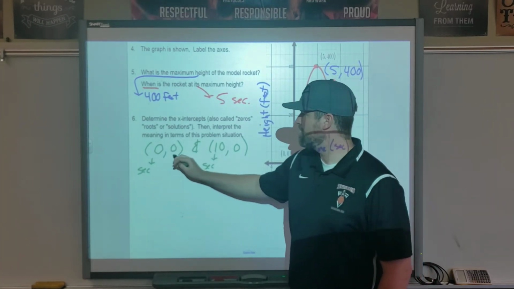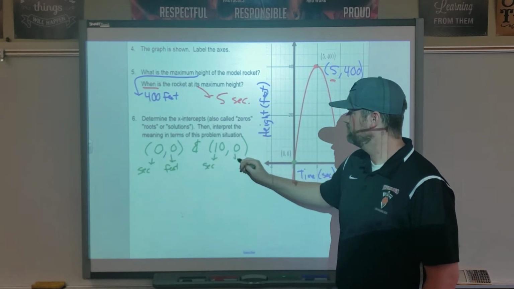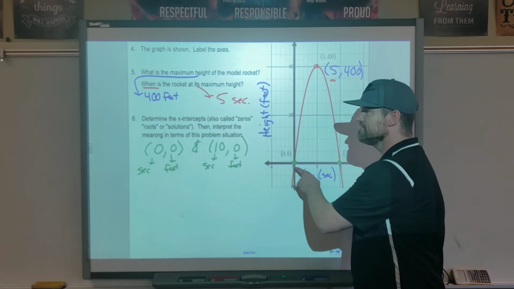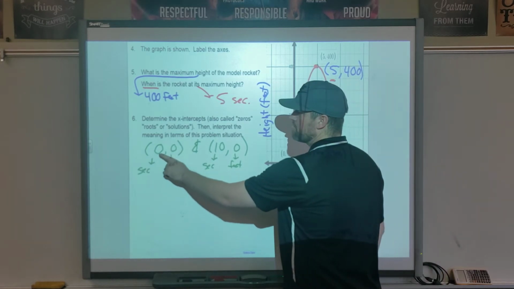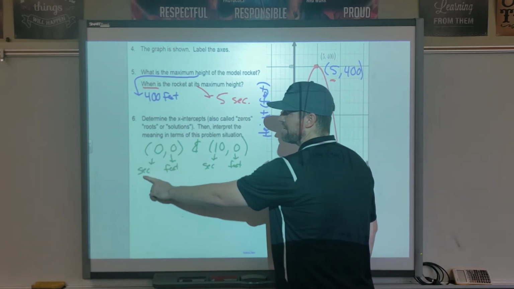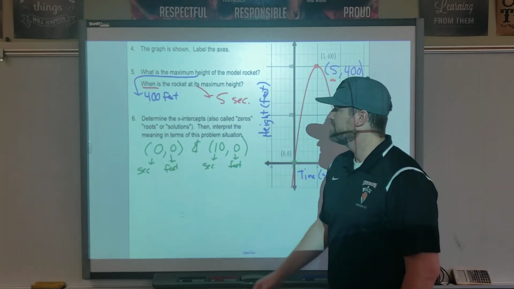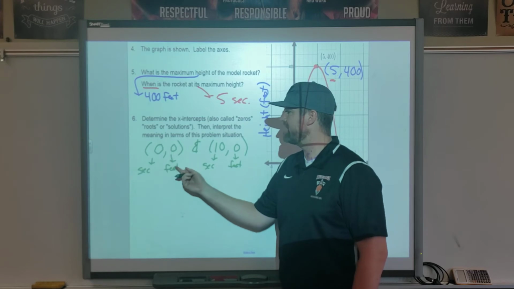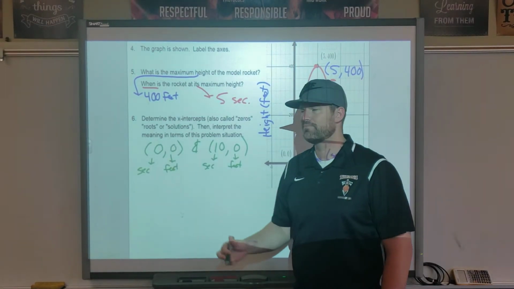And the y is representing your height in feet. So my first x-intercept, or my first zero or root or solution, is 0, 0, which means at a time of 0 seconds, the rocket was at 0 feet. So 0 seconds is the time that it's going to get launched, and at that time the rocket was at a height of 0, which means it is on the ground.